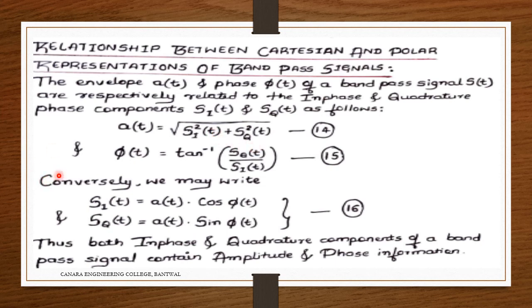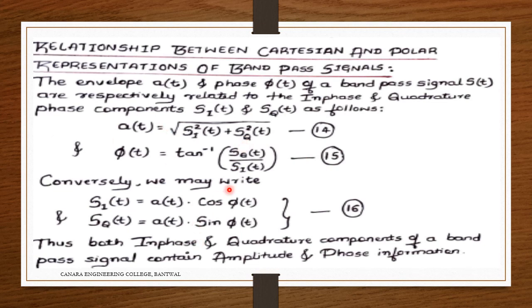Then the phase phi of t is the tan inverse of s_Q of t over s_I of t. So here we use the in-phase and quadrature-phase components to get the natural envelope, that is the magnitude, and also the angle.